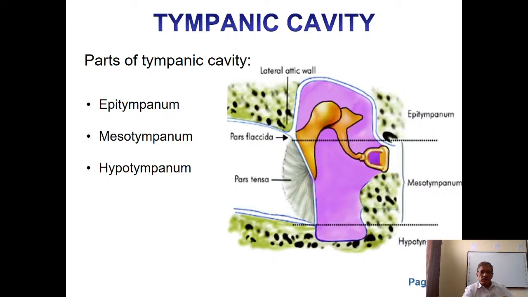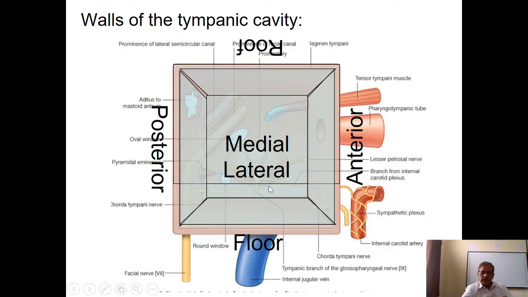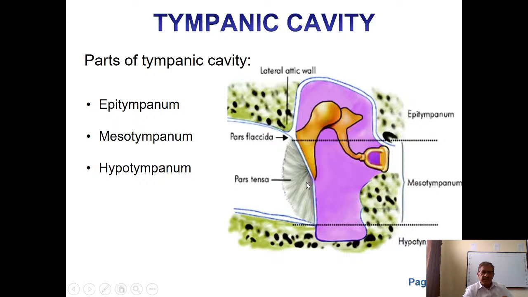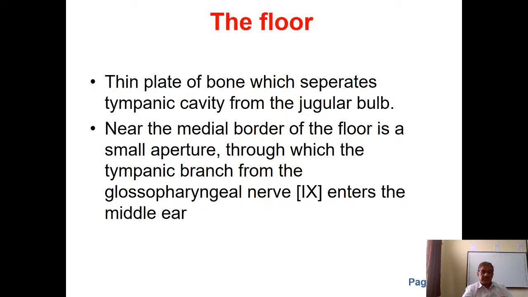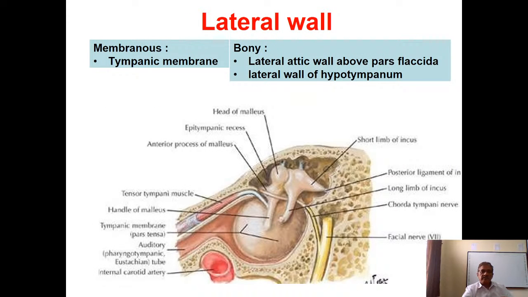So the lateral wall is partly formed by the tympanic membrane, and also the projection that forms the lateral wall of the tympanic cavity, and a small component in the hypotympanum. These are the structures that are present. This is how the lateral wall is formed.